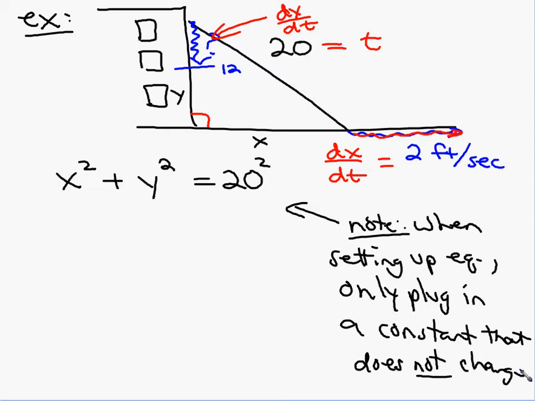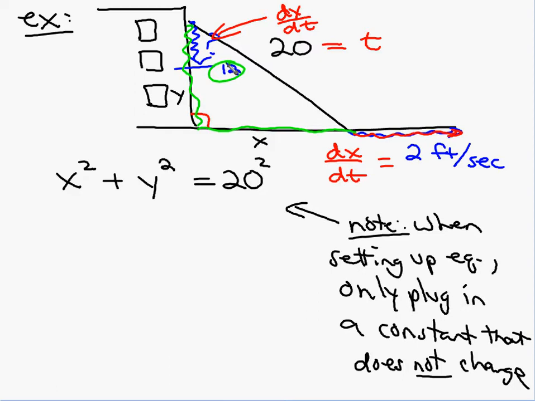And in this case, the only constant that is not changing is the length of the ladder. Okay? All of these other distances are changing. So I can't plug in those numbers yet. I cannot plug in the 12 yet. We will in a minute.